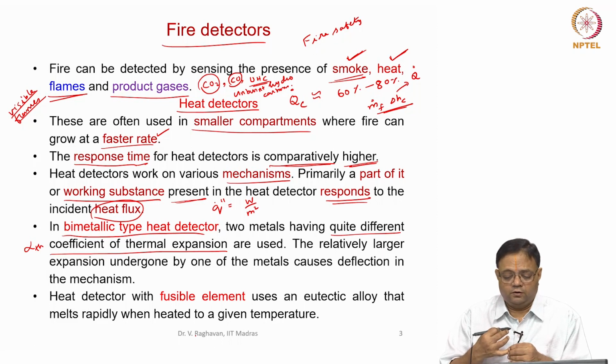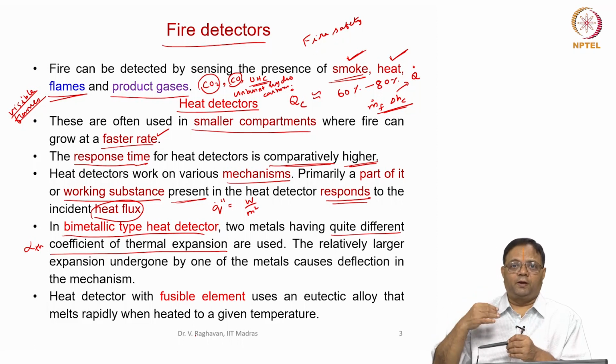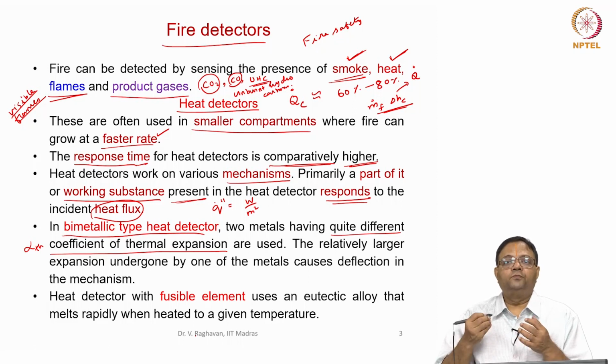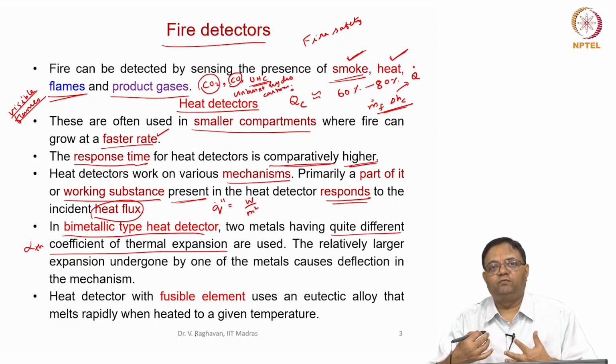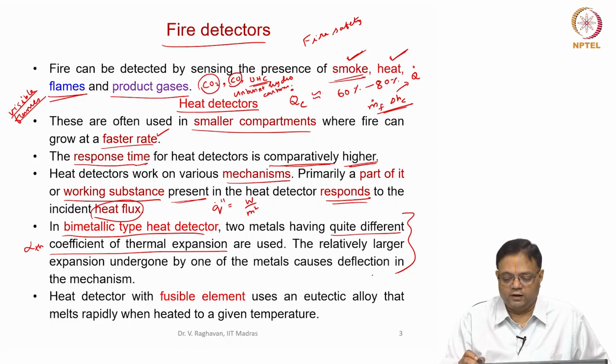So the expansion undergone by one can cause deflection in the other, and this can be used to sense how much it has expanded relatively. That can be used to see what the heat flux is. We can correlate this. Okay, that is one method.